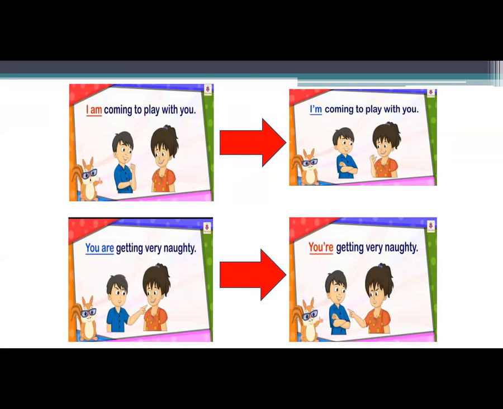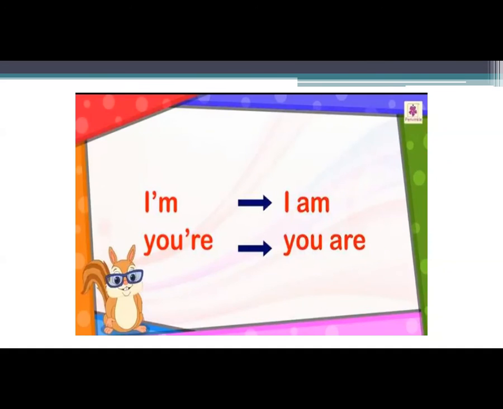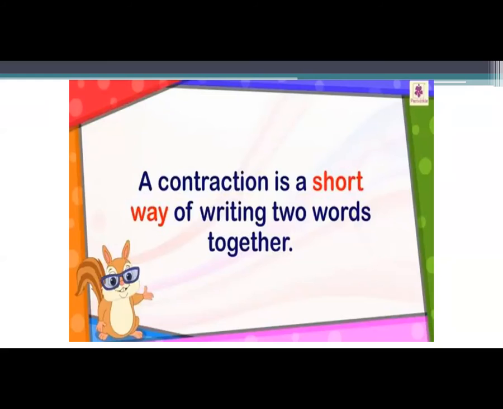The words I am and you are are short forms: I'm, I am; you're, you are. A contraction is a short way of writing two words together.